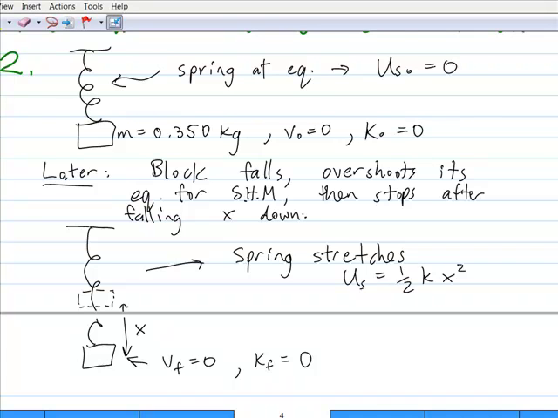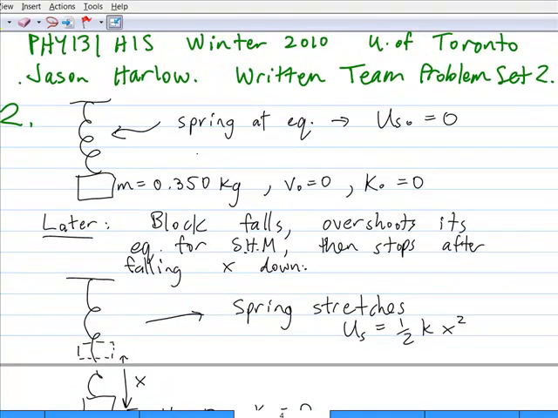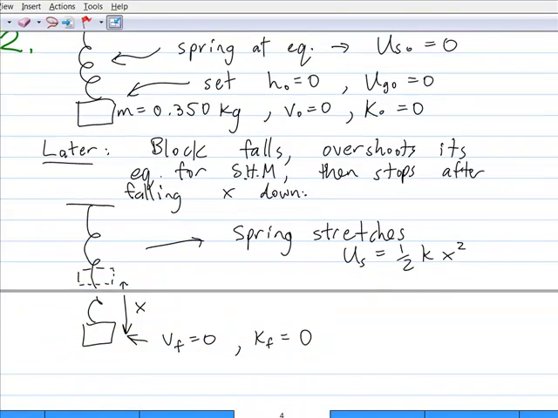So let's actually go back up, and let's not forget about gravity. Let's set the h initial equals 0. So the initial gravitational energy equals 0. And then if it falls, we're going to have h down here. So h up here was 0. And down here, we've got h equals negative x.